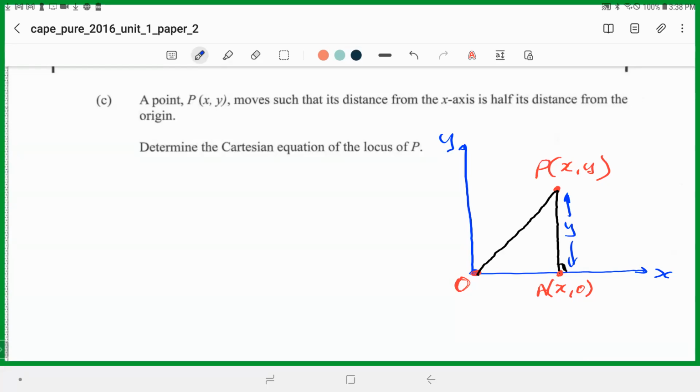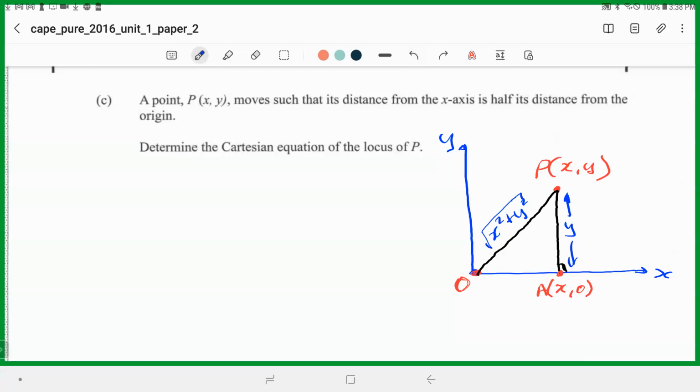And the distance to the origin, because this is (0, 0), becomes the square root of x squared plus y squared, the hypotenuse in that right-angle triangle.